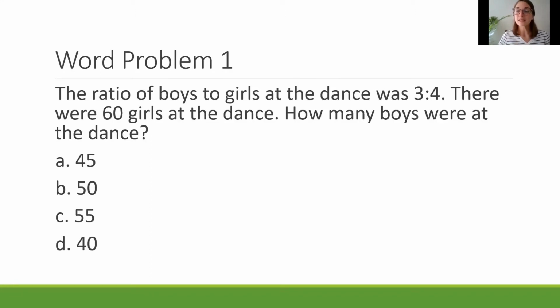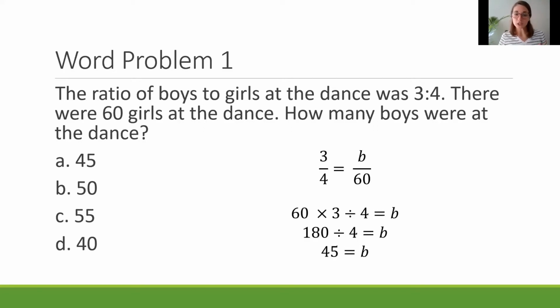Now, that's the ratio. If we had boiled it down to just a sample, this is what the sample would look like. But in reality, it wasn't just 3 boys and 4 girls at the dance. We know there were 60 girls at the dance, and it wants to know how many boys were at the dance. In order to solve this, we're going to create a proportion.